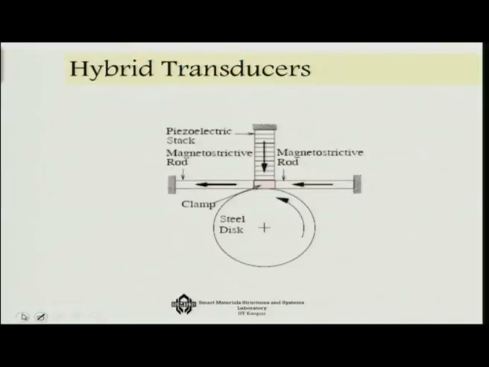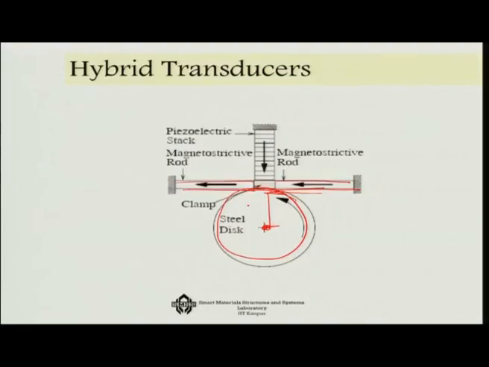There is something like hybrid transducers also. In this case, for example, this is a steel disc, and this steel disc has clamps here, and there is a piezoelectric stack here. Also these are magnetostrictive rods. If I apply a magnetic field, they give some kind of force here, which generates a torque about the center, and that keeps the disc rotating.